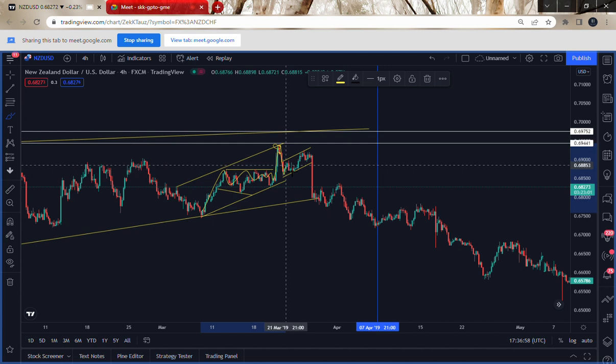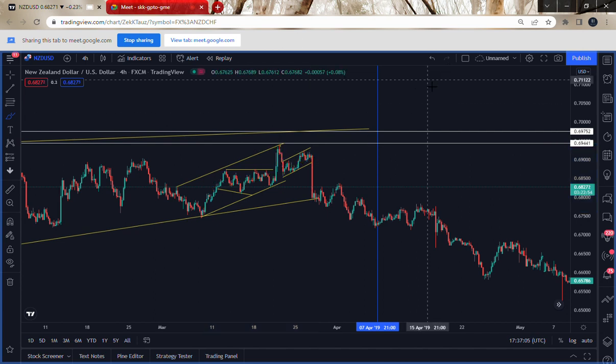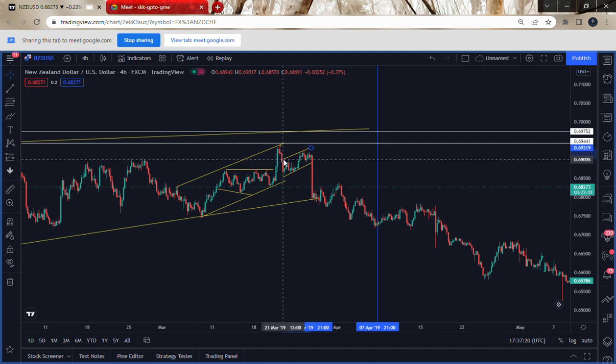And from all this impulse, we have the correction. Yes, it's giving us some head and shoulders, which is an ugly one, because they're not always clean. So for our entry, we would have waited for this flag here.